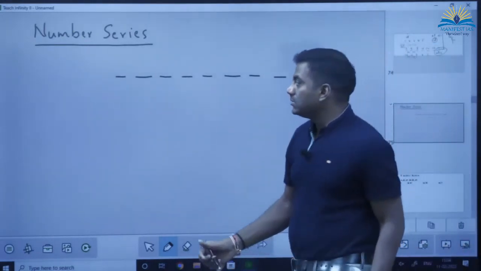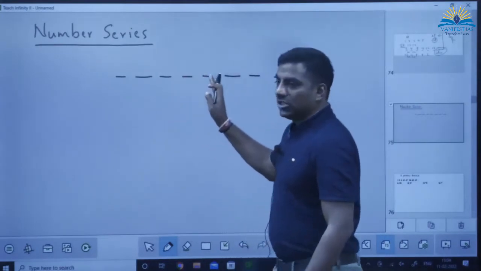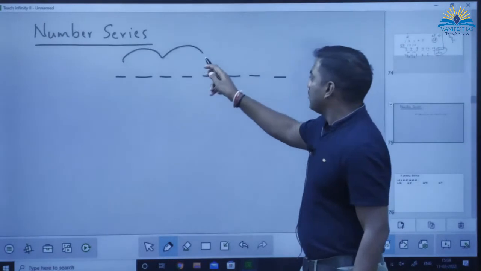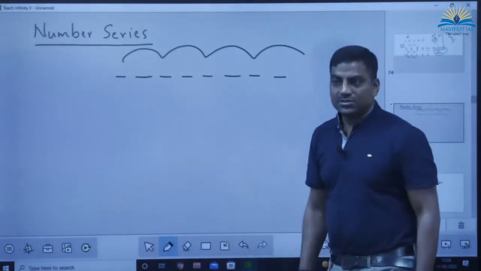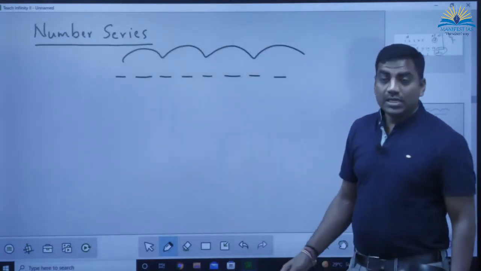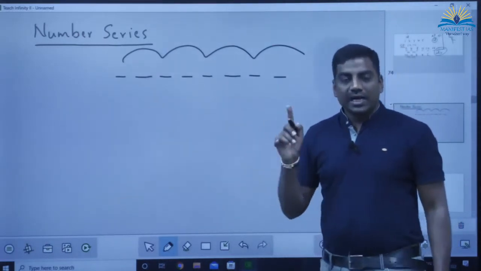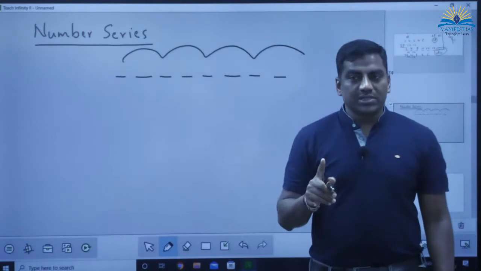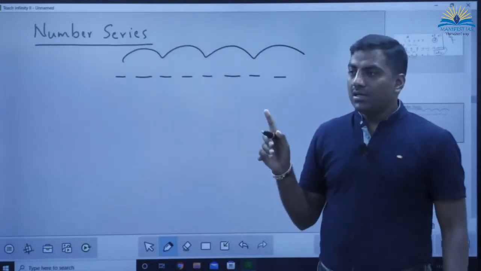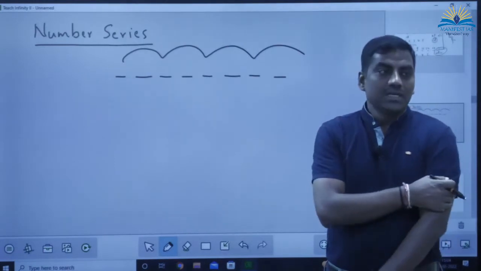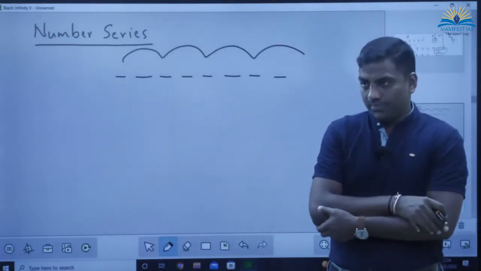Sometimes there will not be any logical connection between consecutive numbers, but there will be a logical connection between alternate numbers. Also, in the strict sense, we don't come across arithmetic progressions and geometric progressions in number series, though there are chances they may come.